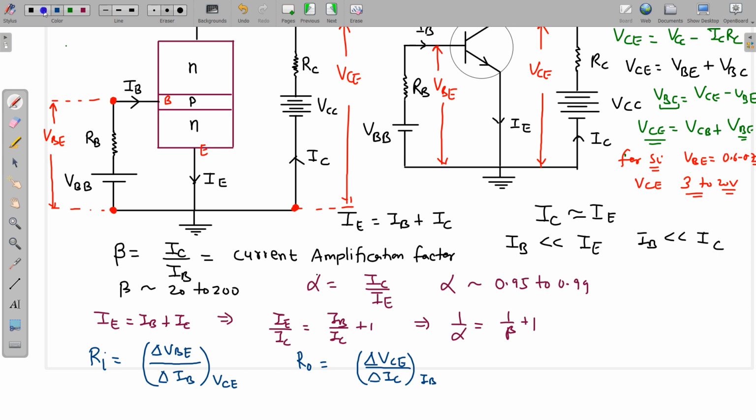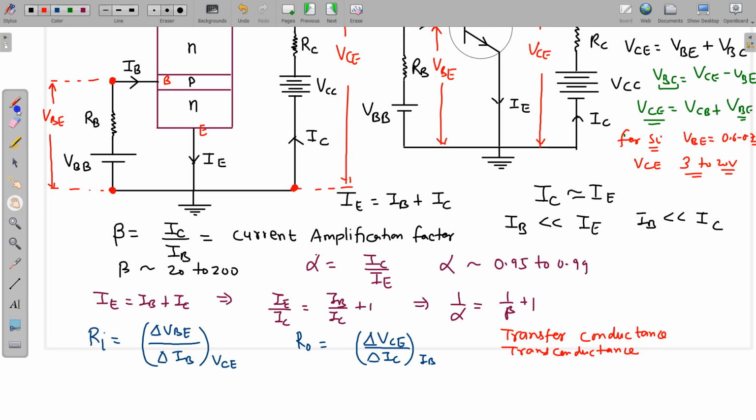One more term I am defining, which is known as transfer conductance, also known as transconductance. So what is transconductance? In this type of term, one term is taken from the input side and one term is taken from the output side. So it is a trans term. It is denoted by GM, and this is conductance.